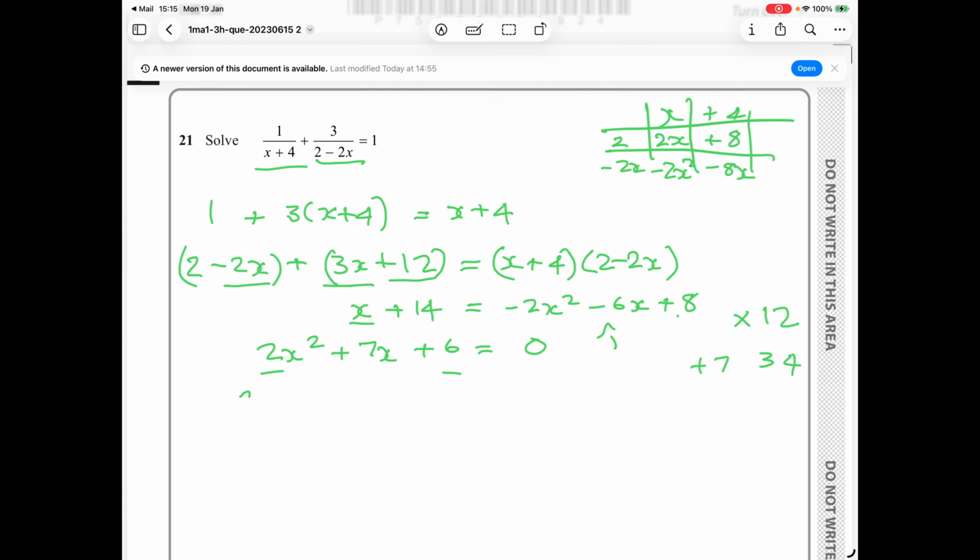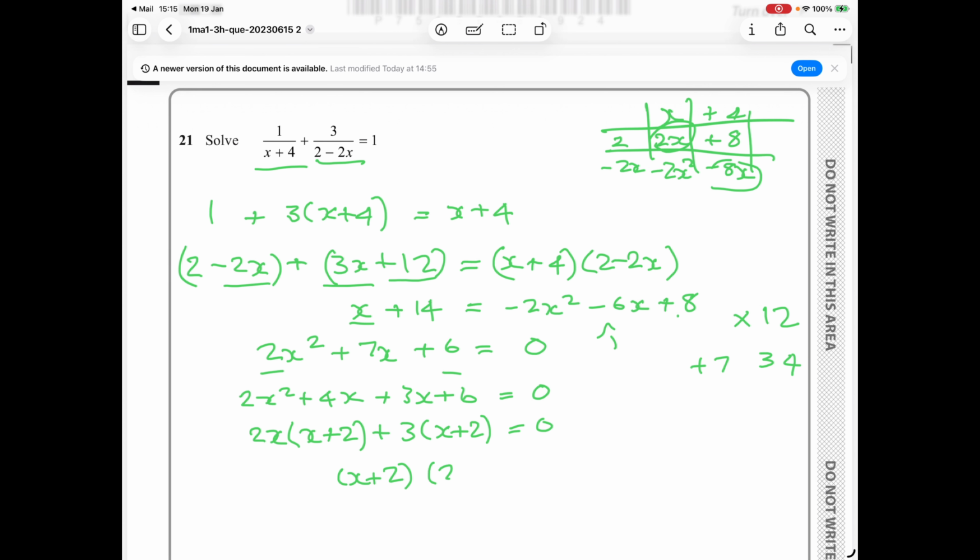So I'm going to go 2x squared plus 4x plus 3x plus 6 equals 0. That's just taking the bits in the middle. And we're going to put 2x outside, we're going to go x plus 2 plus, and then we're going to go 3 and x plus 2 equals 0, and that means that x plus 2 and 2x plus 3 are our answers.